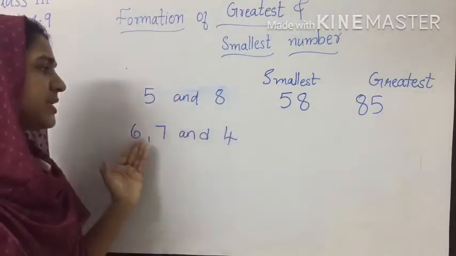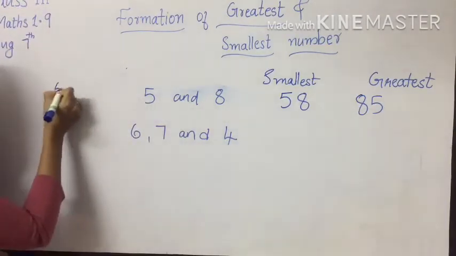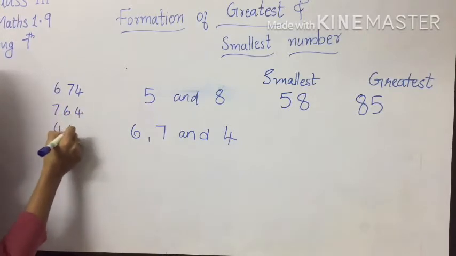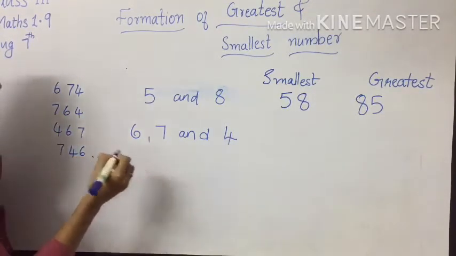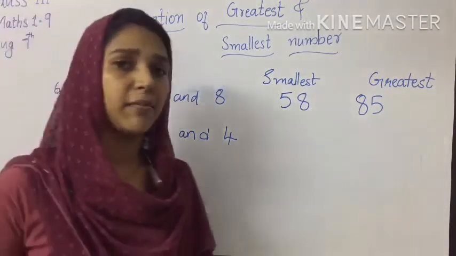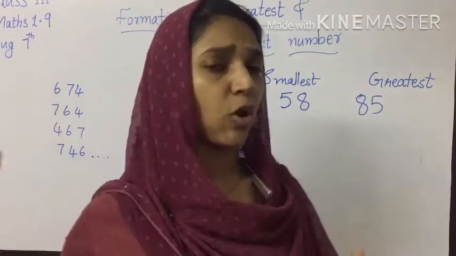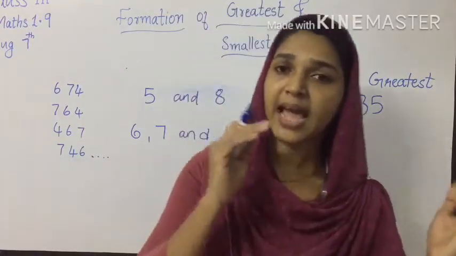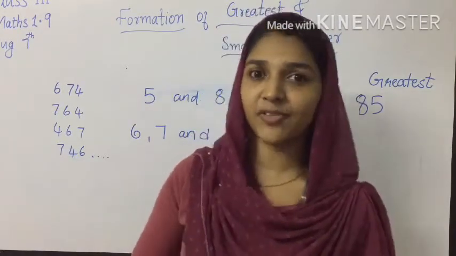Because by using 6, 7, 4, we can make many numbers like 674, 764, 467, 746 and so many numbers. We can write up to 9 numbers by using these digits. So it will be difficult to write all these numbers and to find out the smallest number and the greatest number. But we have a small trick for that.